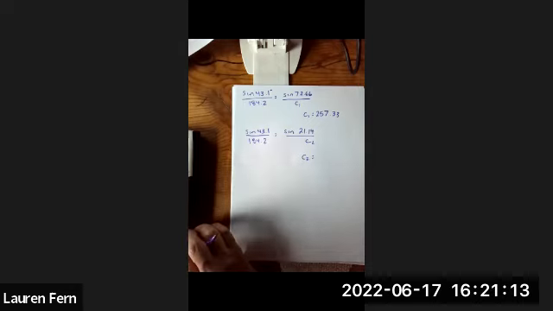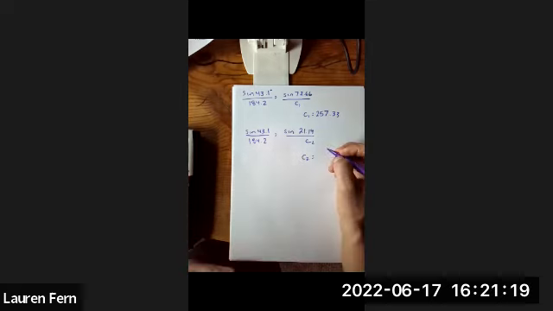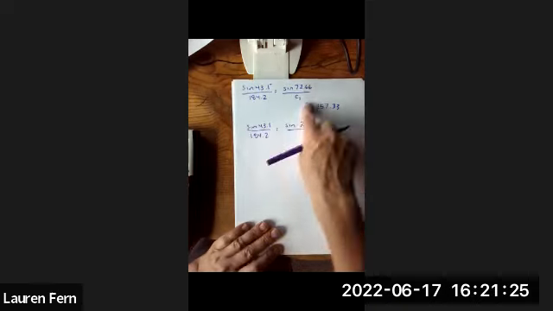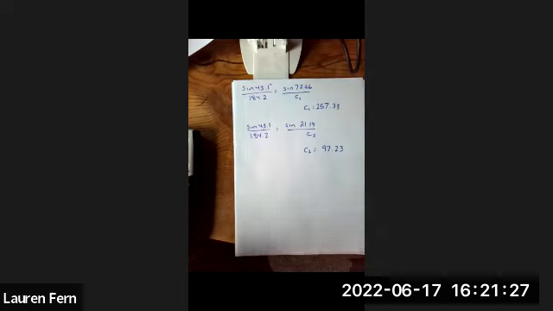I'm going to have 184.2 times the sine of 21.14 degrees. And then I'll divide that by the sine of 43.1. And I get 97.23, which relatively speaking is much smaller.